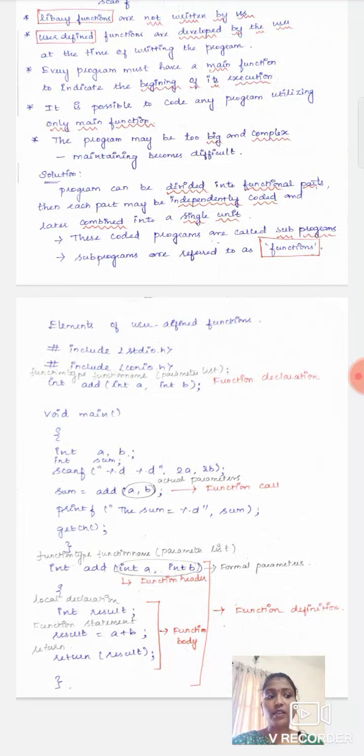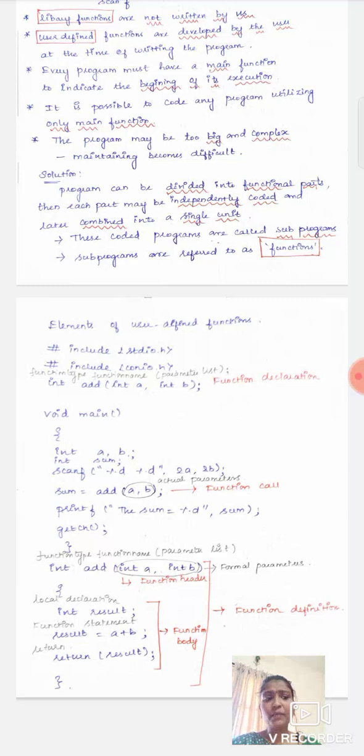Function name is any valid C identifier. The parameter list declares the variables that will receive the data sent by the calling program. Since they represent actual input values, they are often referred to as formal parameters.